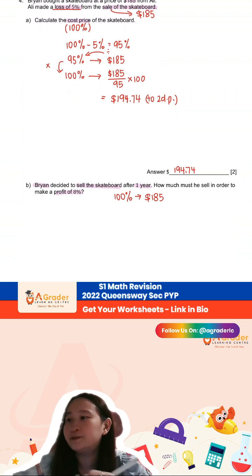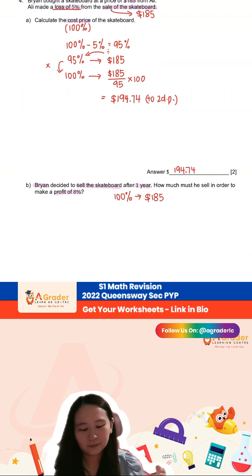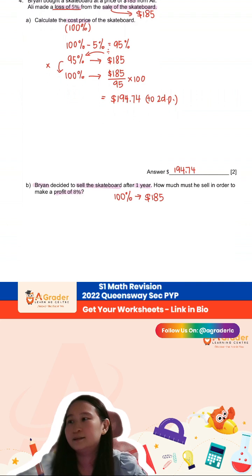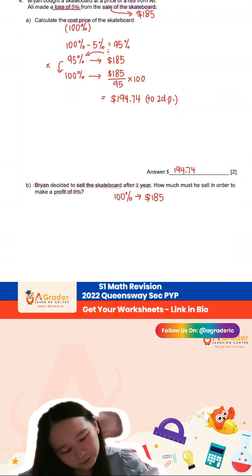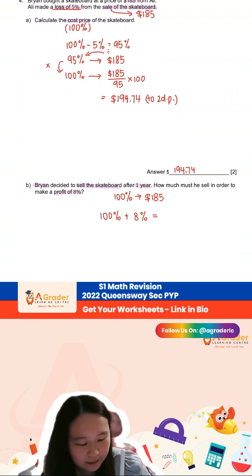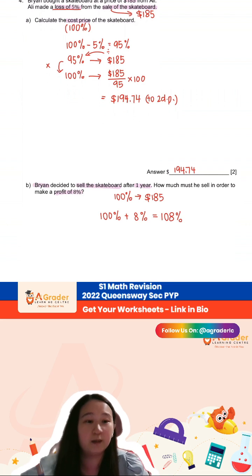Okay, so we want to find, after adding in the profit of 8%. So 100% is the cost price. You want to make a profit of 8%, so you plus. We want to find 108%.